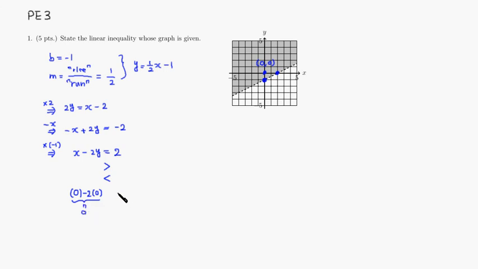If you compare that with the right-hand side, 0 is strictly less than 2. Therefore the inequality we're looking for is x minus 2y is strictly less than 2.